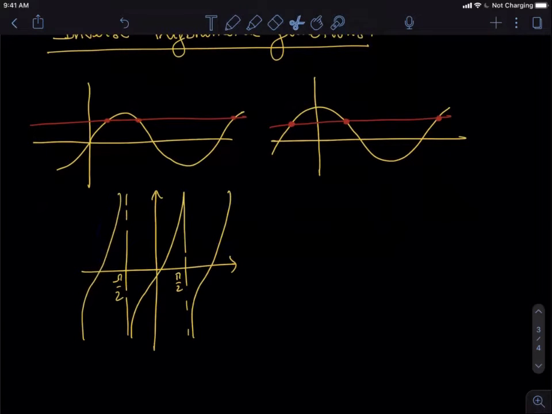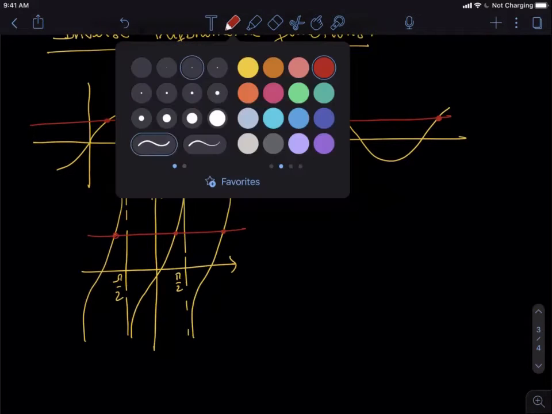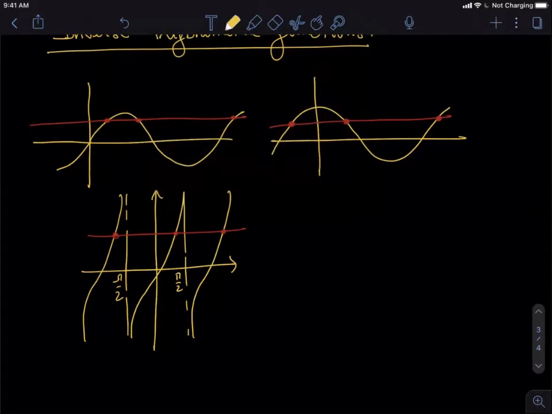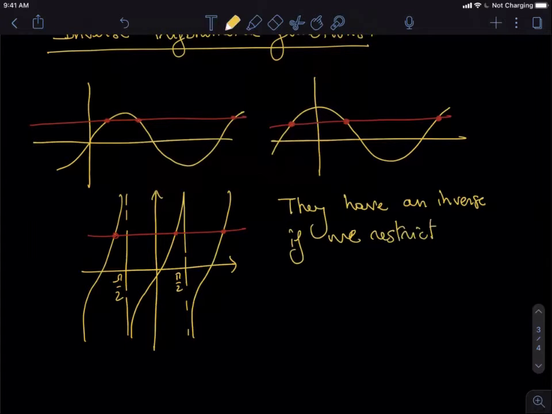Anyway, here we could think, well, that's it. There's no chance. They are not going to pass the horizontal line test. There's no inverse. Okay, so these functions, they have an inverse if we restrict their domains.